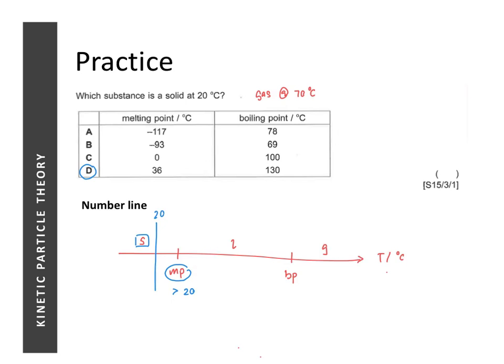In order for something to be a gas at 70 degrees Celsius, 70 must fall within the region of a gas, and that means that the boiling point must be lower than 70 degrees Celsius. So if we look at the options given again, there's only one substance for which the boiling point is lower than 70. So in the modified question, the answer is B.